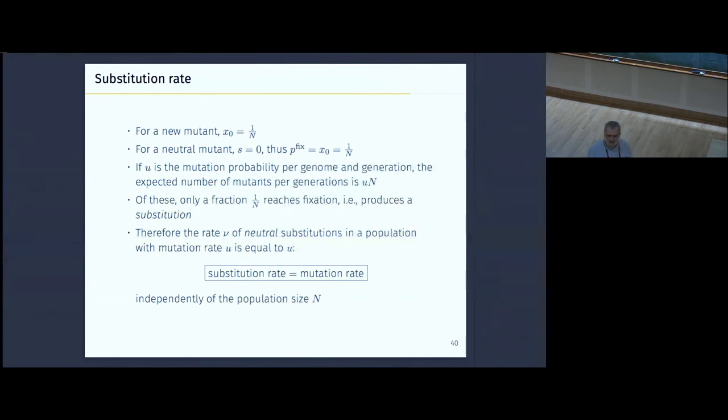A useful rule of thumb is that typically we have a few mutations per genome per generation, and this is more or less independent of the life form you're looking at. This is just a rule of thumb. It's not completely correct. For instance, in bacteria, this is a large exaggeration.